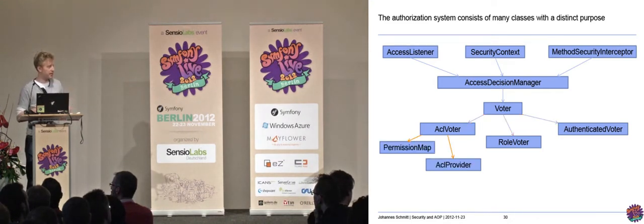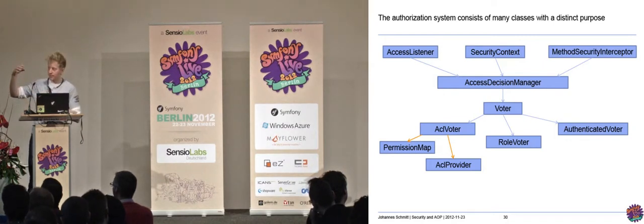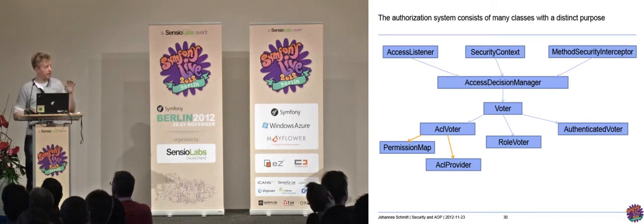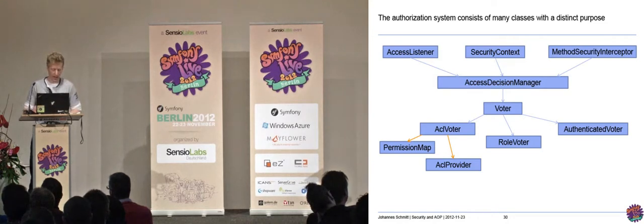And they use different other classes, which I just want to touch slightly. That's a permission map, which basically translates the permissions that you see, like view, edit, into bit masks, which are used internally by the ACL system. Then we have the ACL provider, which tracks all ACLs which are stored for all objects.